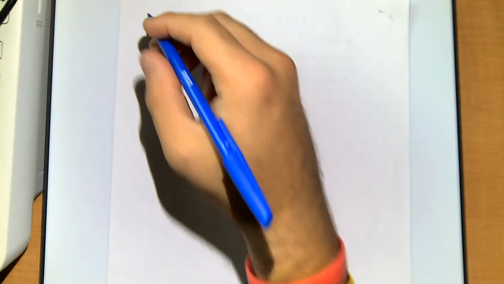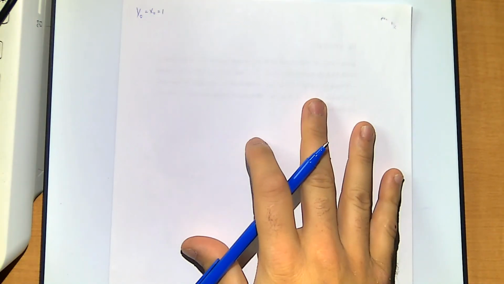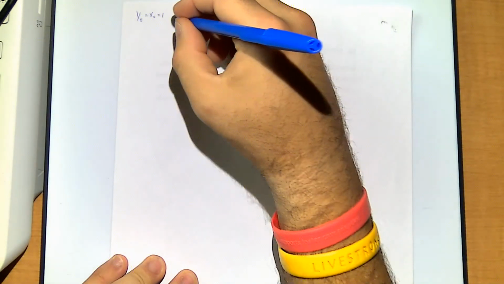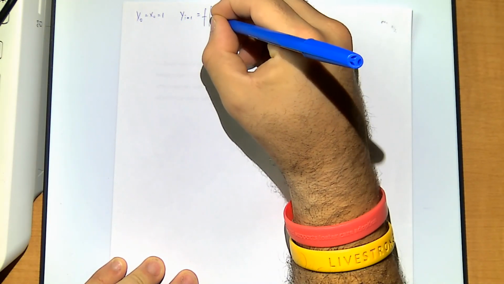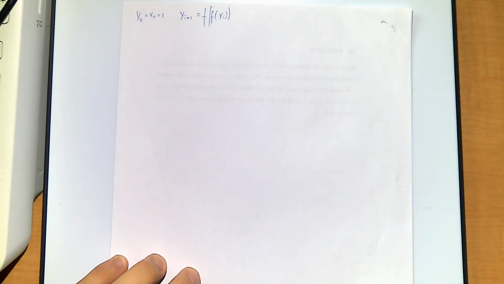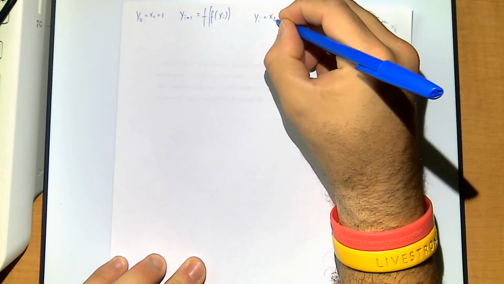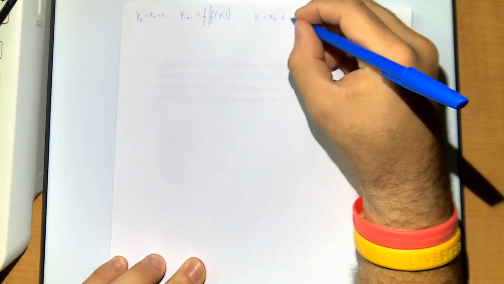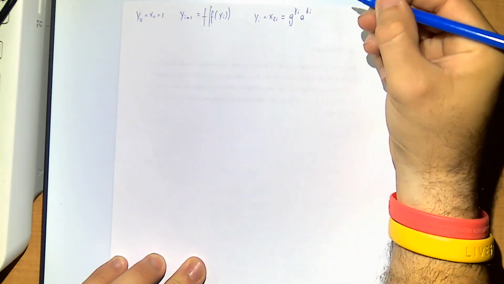But with the y, I can do the very same thing, because remember, I can also start from y0, which is equal to 1, and then compute y i plus 1 as f of y i. And therefore, what I'm going to get is that y i is x to the i, which we knew already, and this is going to be a certain, say, g to the gamma i, a to the delta i, okay, for the same principle.